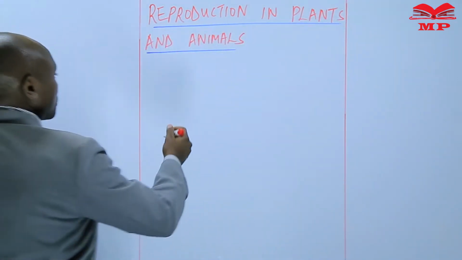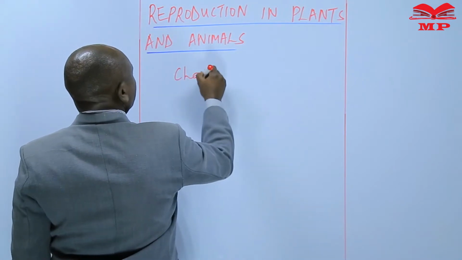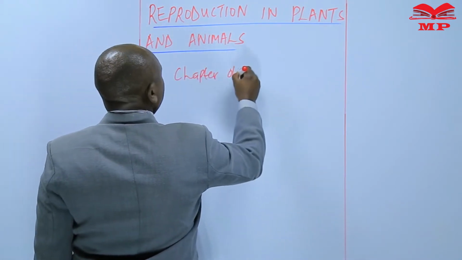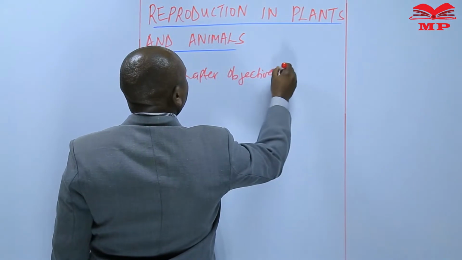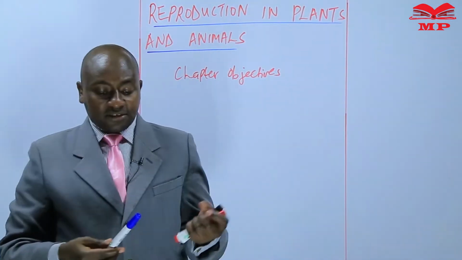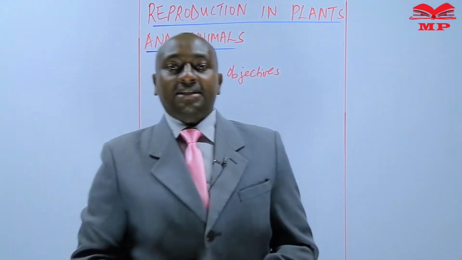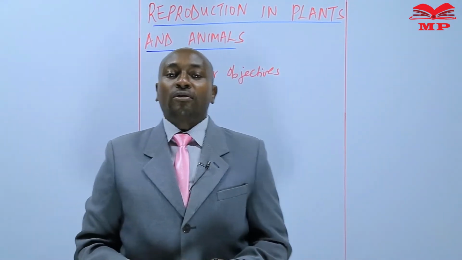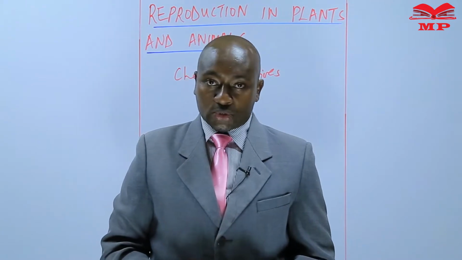So let us look at the chapter objectives. Now, the first objective, we need to understand the meaning of the term reproduction.